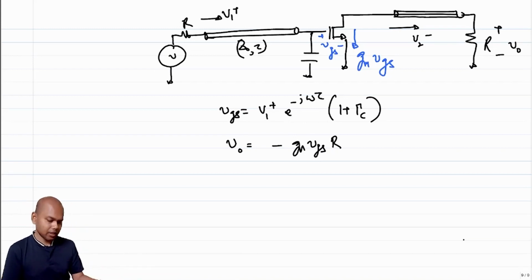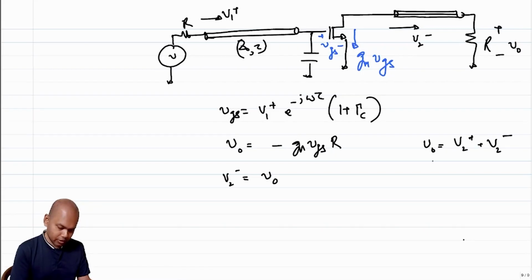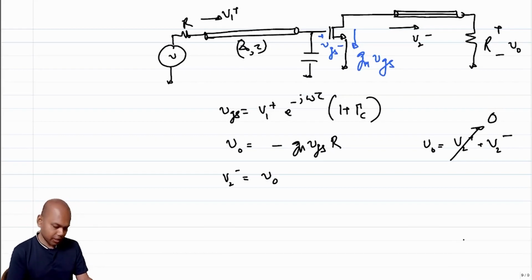I'm sorry, V0 is essentially equal to V2 minus. We know that V2 minus is equal to V0, right? Because there is no reflection at the output port. So V0 is essentially V2 plus plus V2 minus. Since V2 plus is essentially 0, V0 becomes essentially V2 minus.